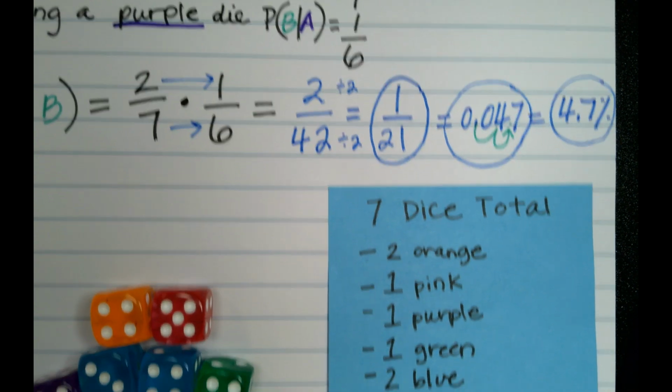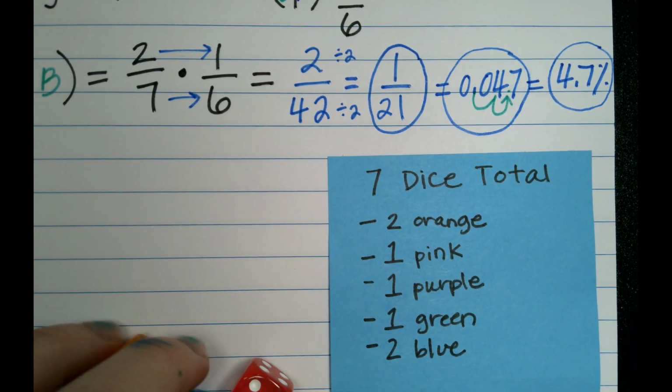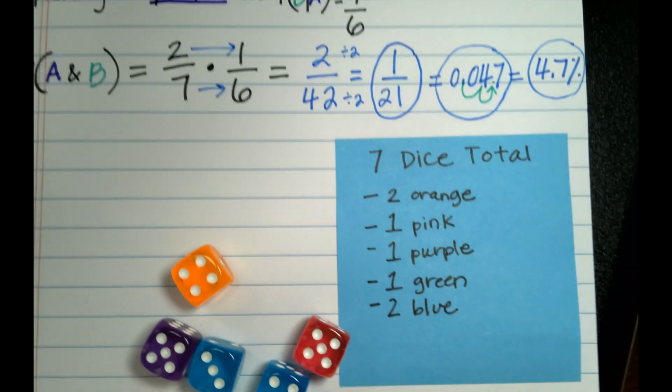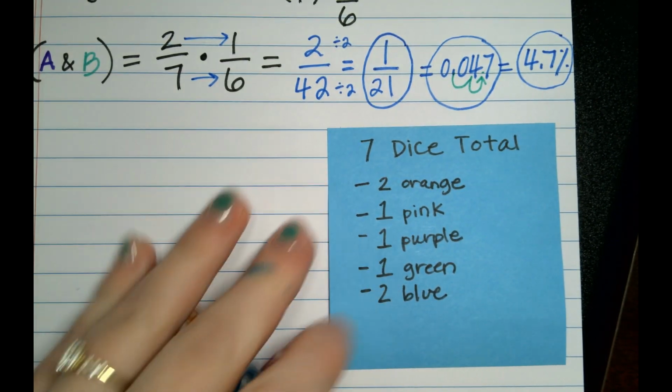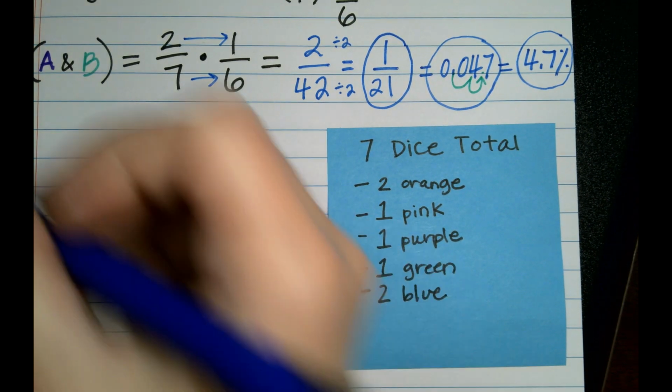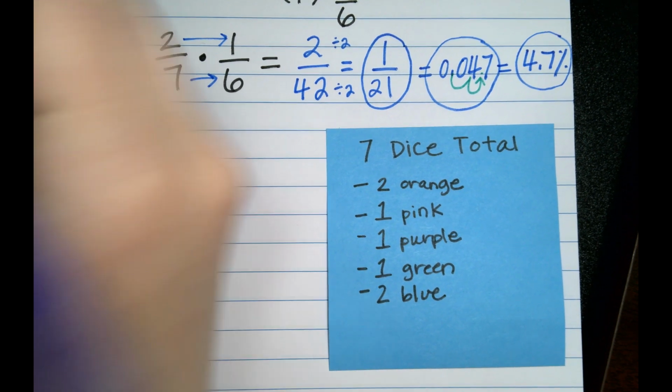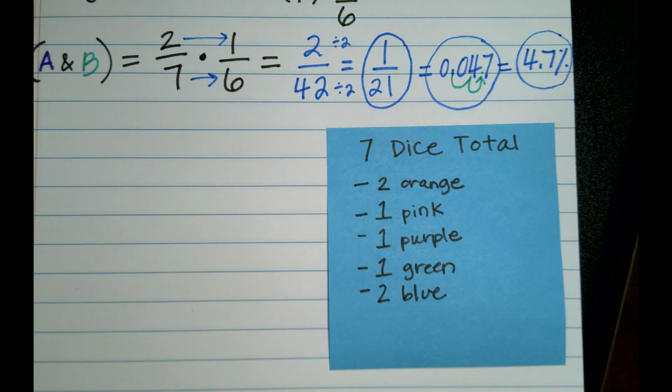So using this same number of dice, let's find another probability just to get a little more practice in. Let's say now event A, I think I'm going to make my events match the color because that's a little confusing trying to decipher the two.